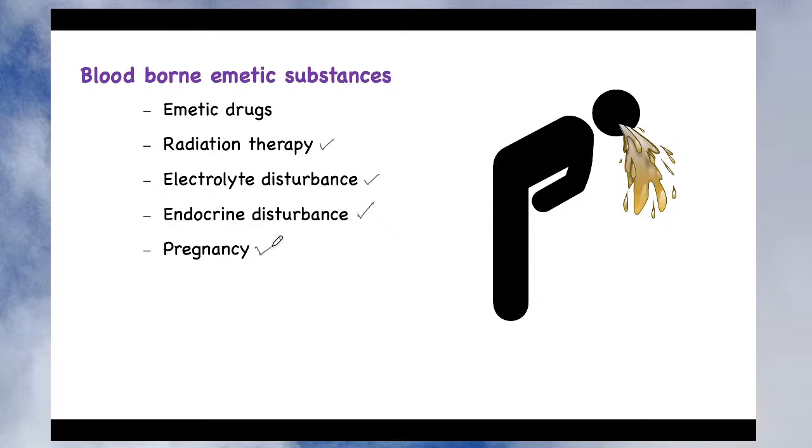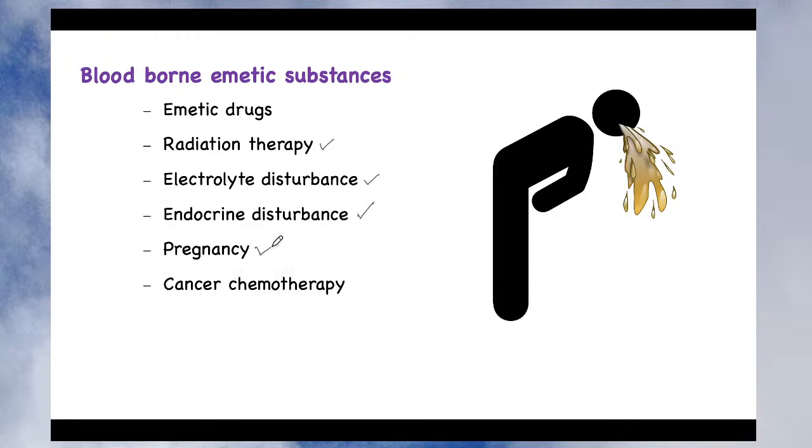It occurs in pregnant women because the hormones change very quickly from day one of the pregnancy through the first, second, and third trimesters. So there is a hormonal change that keeps occurring, and this hormonal change may produce disturbance in the patient, which may give stimulus to vomiting.